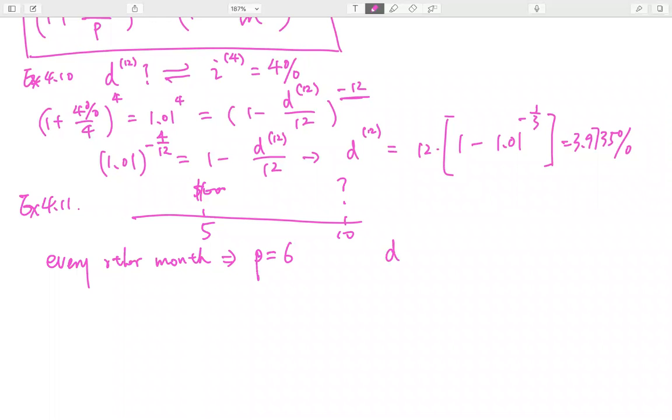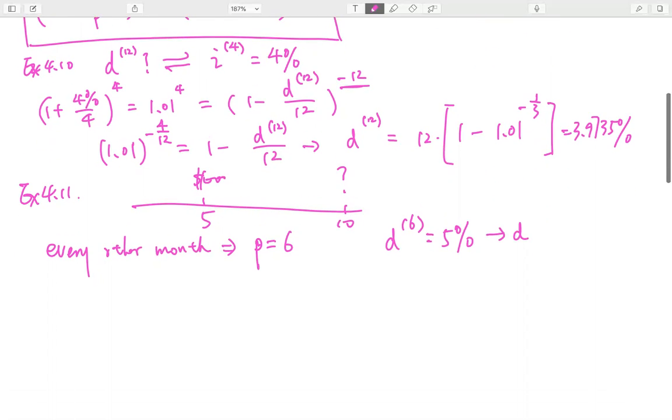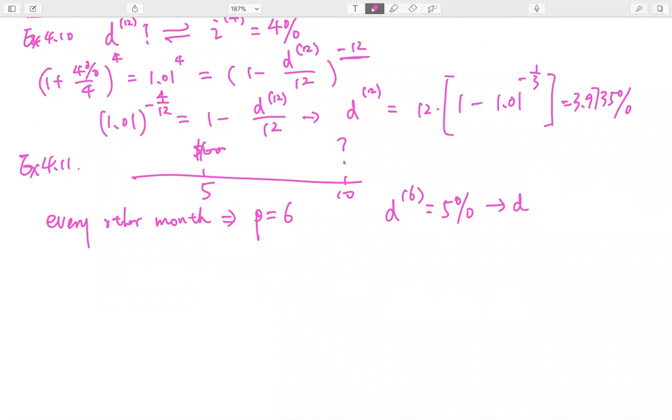So what we know of the discount rate is d upper 6. So first of all, you need to get d, right? Once you get d, you can apply this if you want, or you directly get the discount factor, because that's what matters, because we know the accumulated value is (1 minus d) to the negative distance.